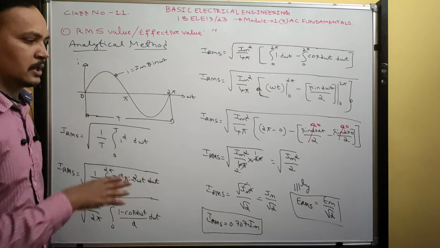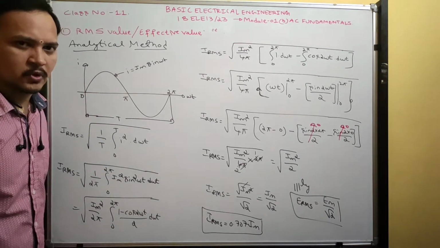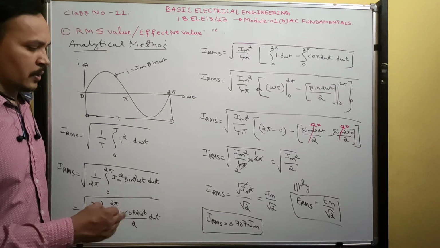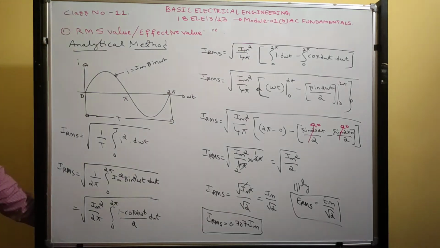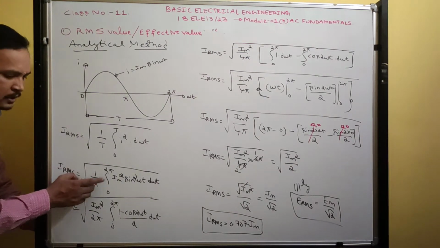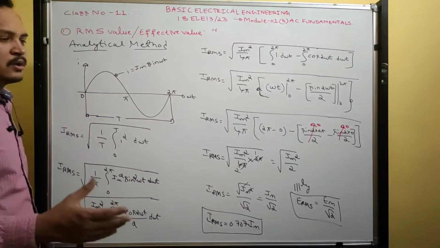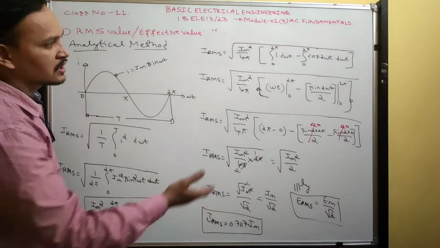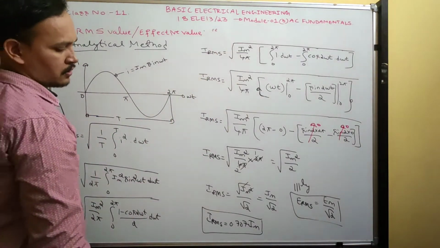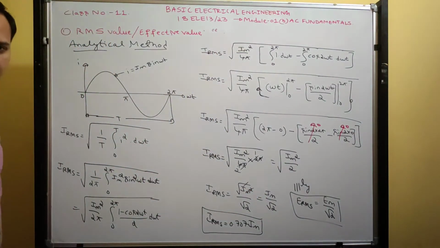You can derive it for current or voltage, the choice is yours. But you should do it in the proper way. Only these two steps are important. Rest everything is basics you have learned. If you know the simplification faster, you can skip some steps. But finally, you should get this equation.